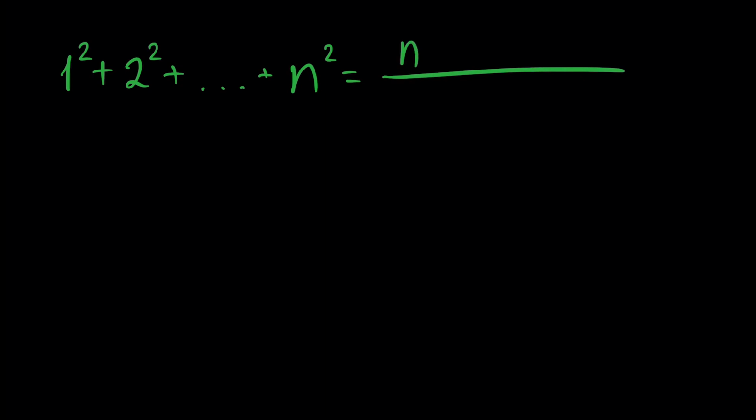In this lesson, we will show that 1 squared plus 2 squared plus and so on plus n squared is equal to n times n plus 1 times 2n plus 1 divided by 6.